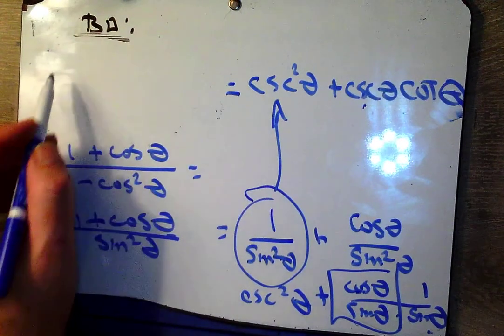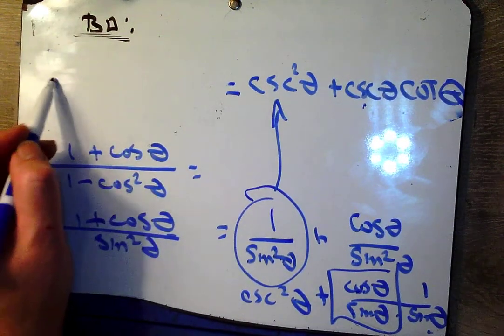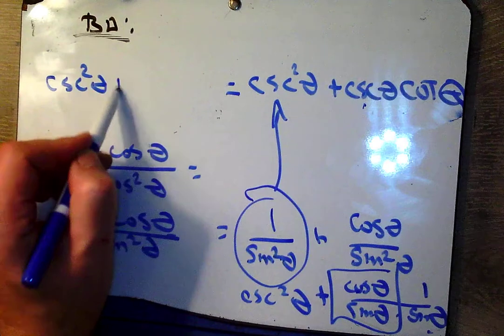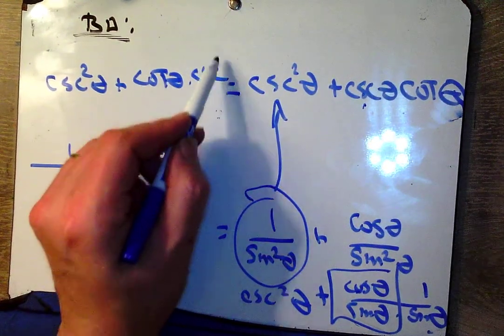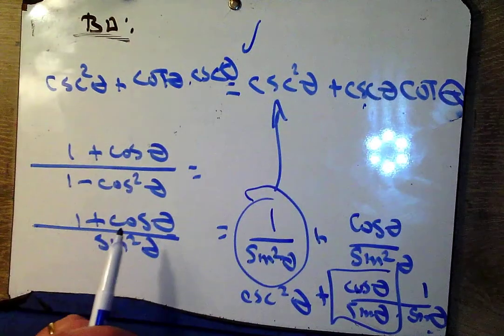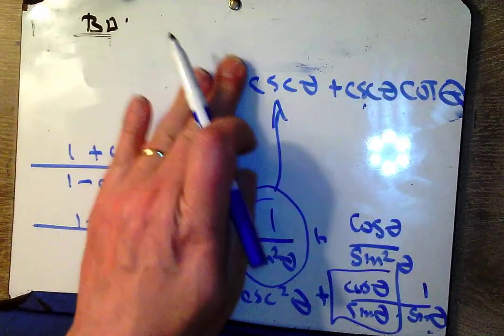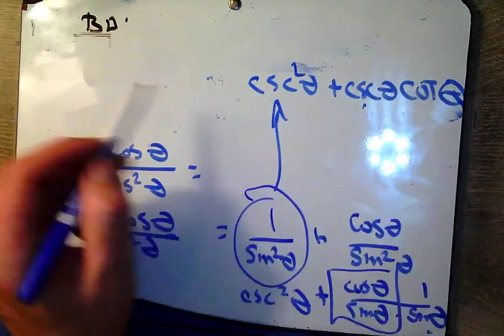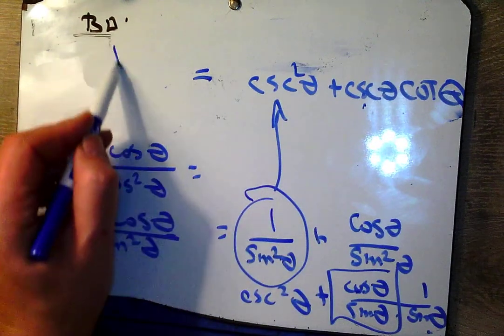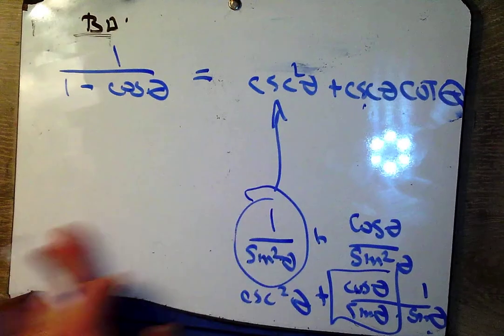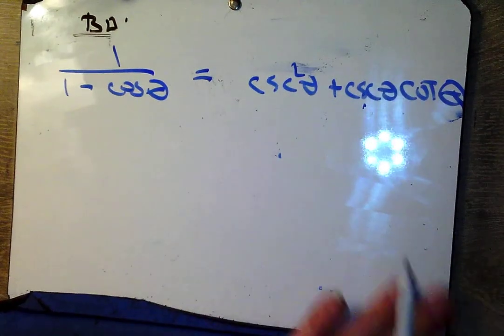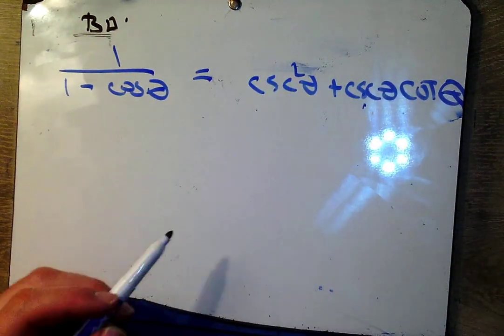So I'm going to have cosecant squared theta plus cotangent theta times cosecant theta. And there. Okay. But what if we chose to work this side of the equation and tried to turn that into 1 over 1 minus cosine theta? I wonder which one is the easier path, or the more efficient path.